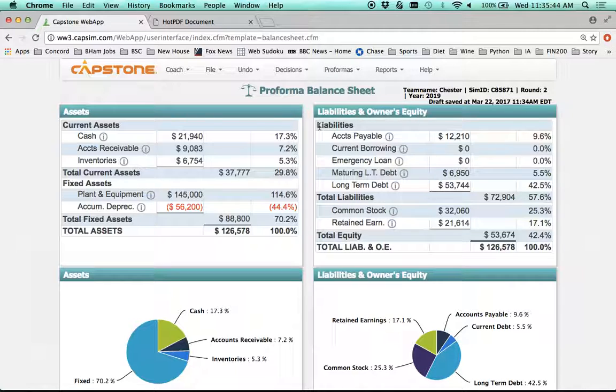I showed you for this particular team what their adequacy was the prior year, prior to this pro forma, and they had a 44% adequacy in terms of their total equity. It's now down to 42.4%. So you can see that they are going backwards a little bit in terms of their adequacy.